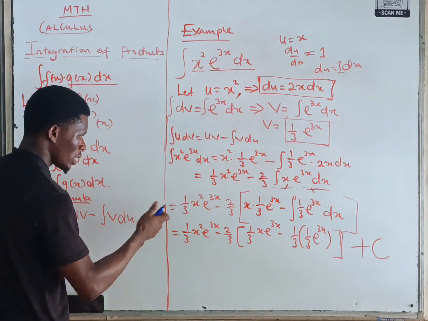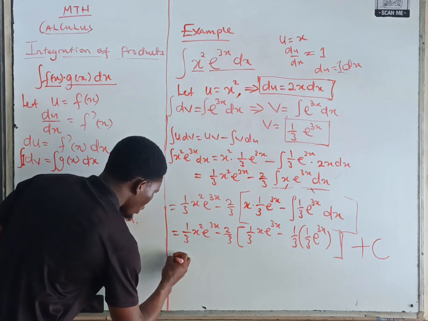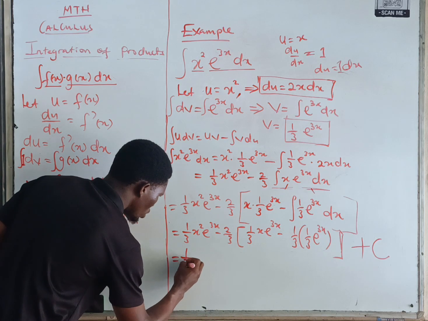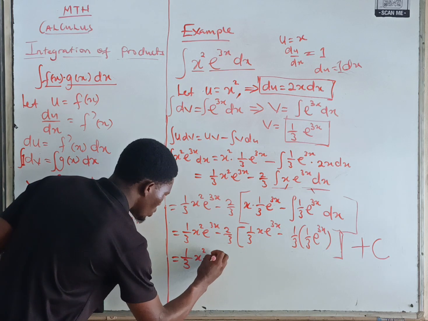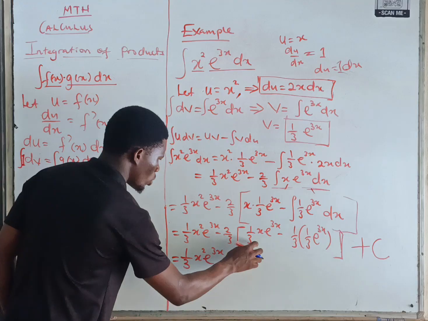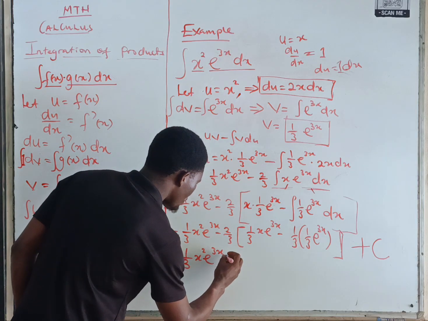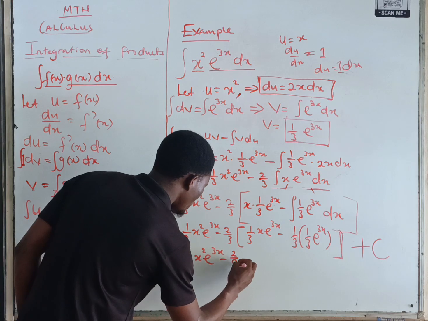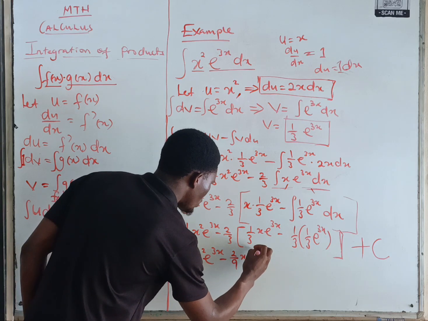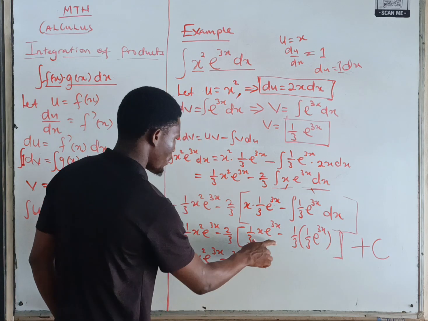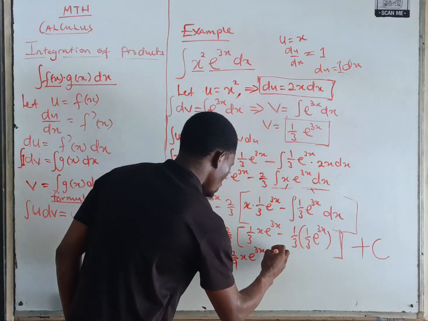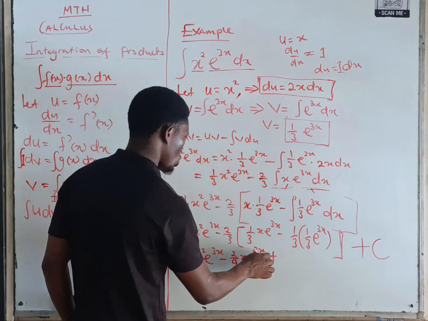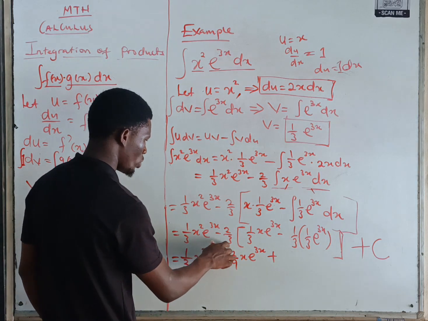So now I'm going to expand the bracket. I have this equals 1 over 3 x squared e raised to power 3x. Now when I multiply this, I have minus 2 over 9 x e raised to power 3x, and then minus times minus is a plus, so 3 times 3 is 9, times this 3, 27.